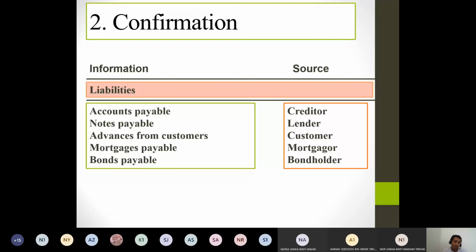But bear in mind, if let's say we have thousands of suppliers as creditors, we cannot go to get confirmation from each one of those suppliers. What normally happens in practice is that we start to select through sampling.